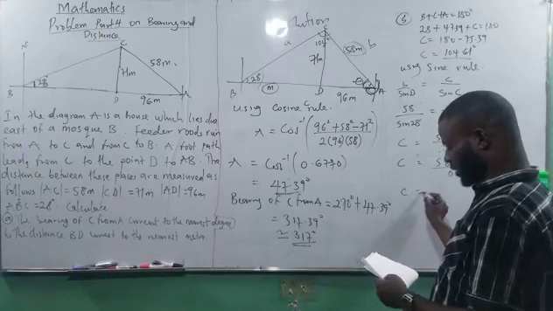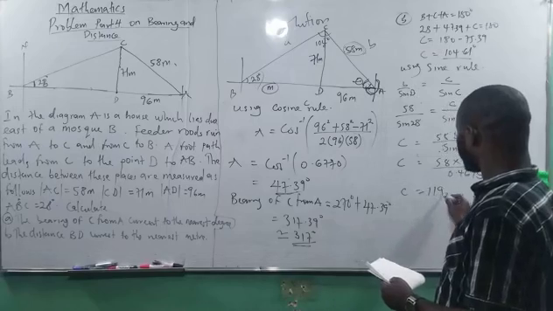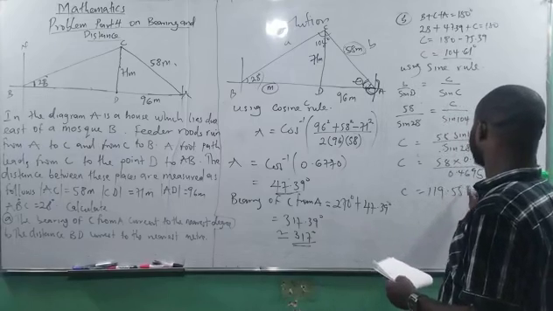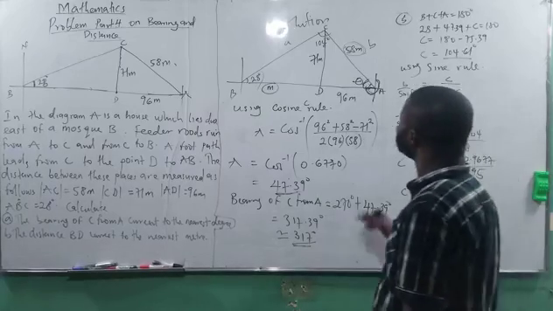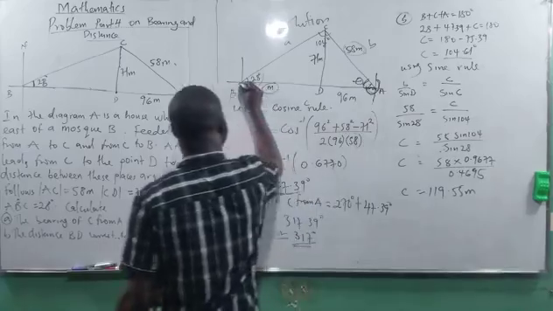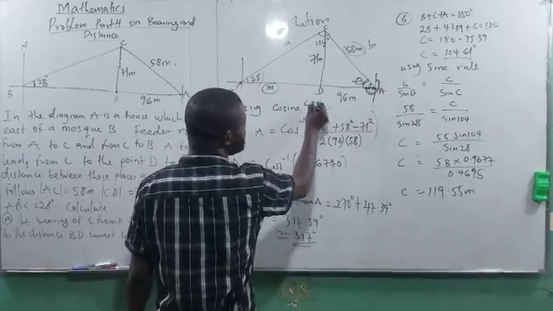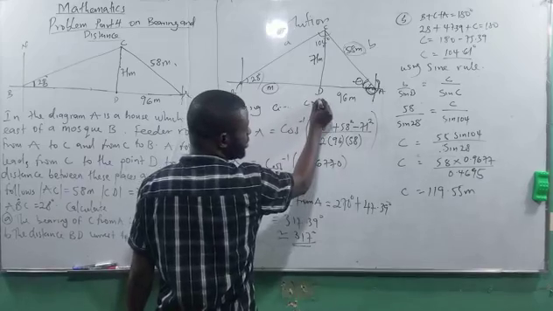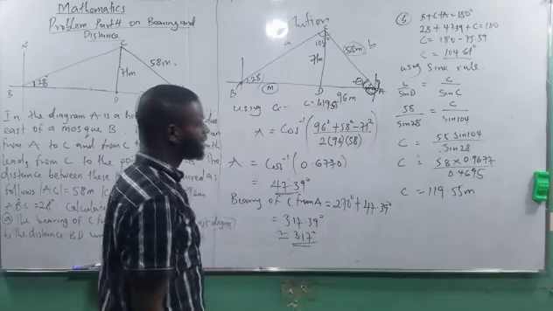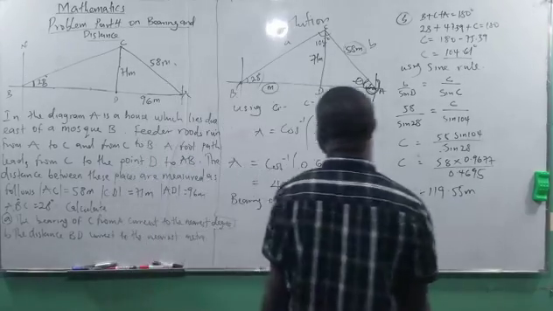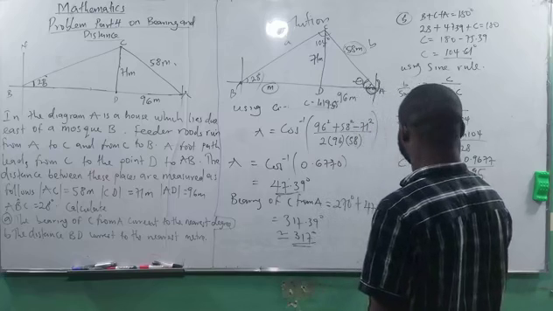Now my C will be equal to 119.55 meters. Now it means from here to here is what? Which I have here, 119.55 meters.